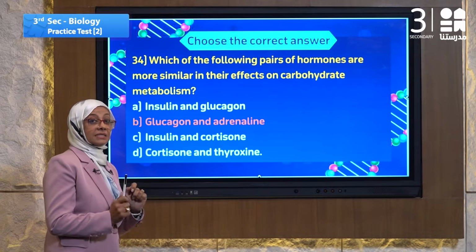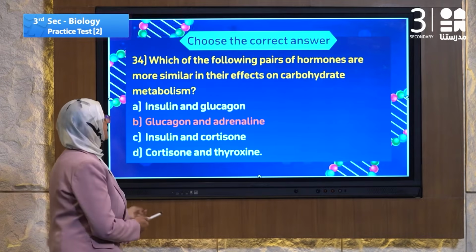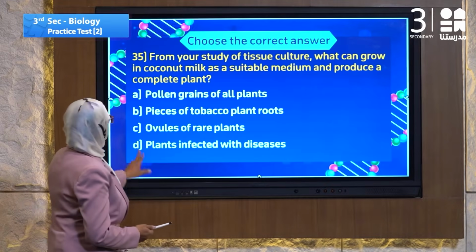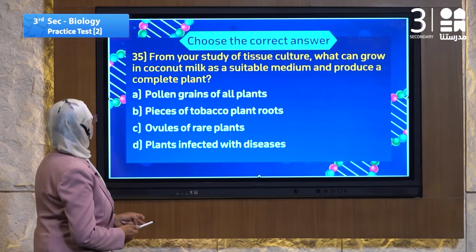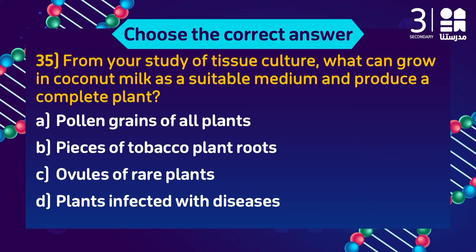They have the same effect on carbohydrate metabolism. Let's go to question number 35. Question number 35: from your study of tissue culture, what can grow in coconut milk as a suitable medium and produce a complete plant?